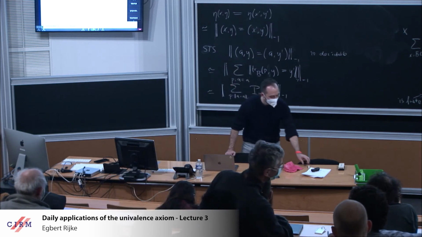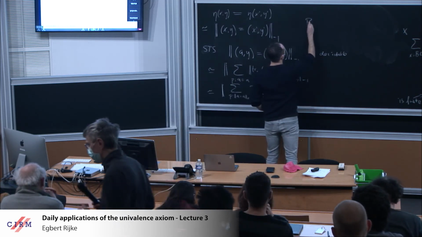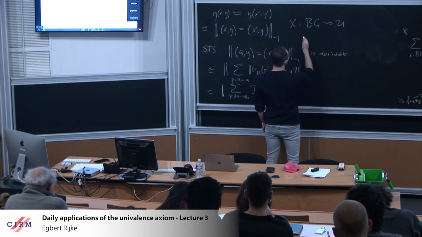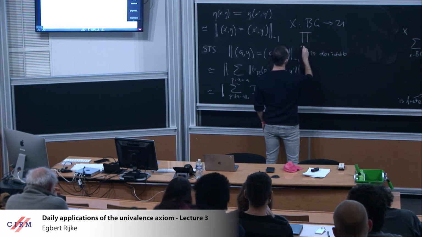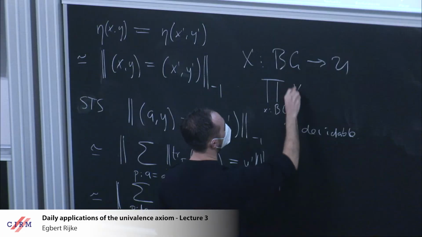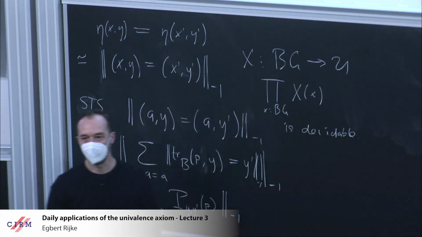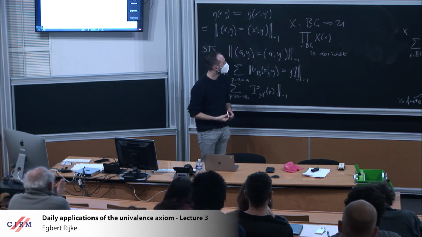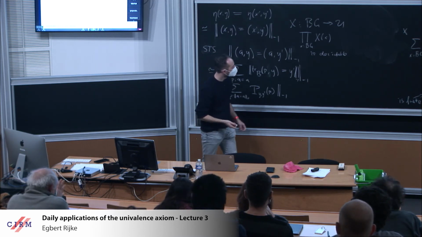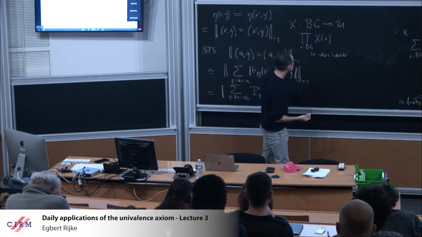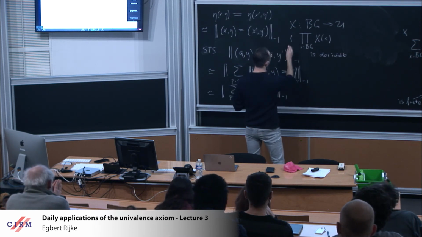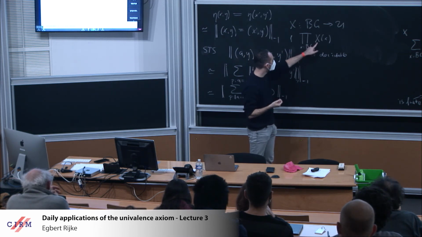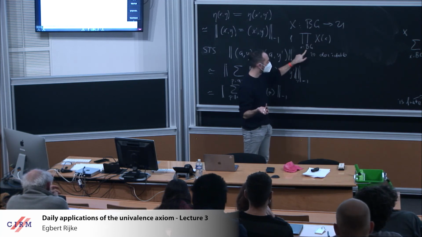But yes, if you have a G-set from BG into U, X, then the type of fixed points is just the product over BG of X. So this is the other thing that comes extremely naturally. To see that this is the type of fixed points, maybe you can say, okay, if I have such a function that selects an element out of each of my types, then this one has one base point.